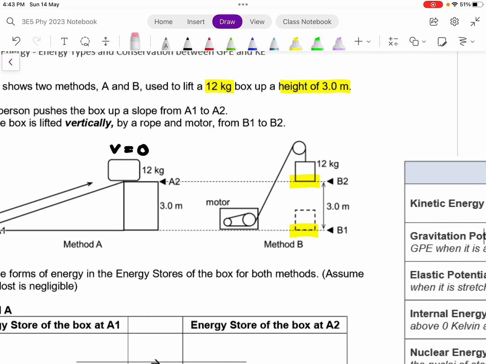So how about method B? Method B, if I want to use the minimum amount of motor force to reach B2, well, same thing. When it reaches here, it must be v equals 0 to get the minimum amount. And of course, since I'm comparing the amount of energy required, at B1 the object is also at rest.